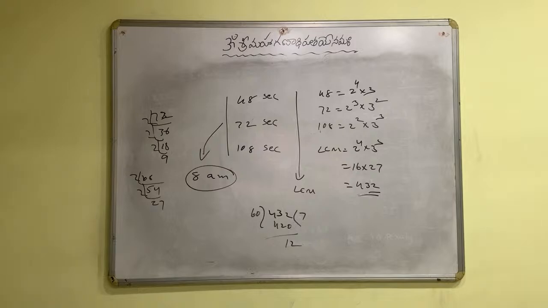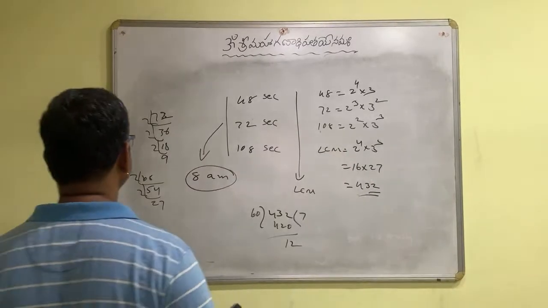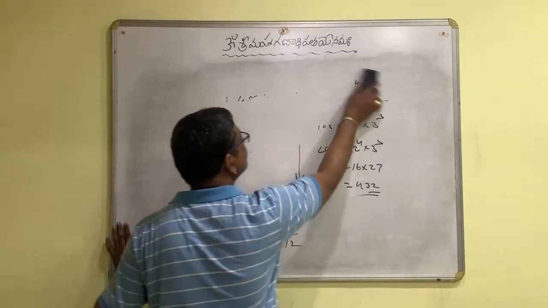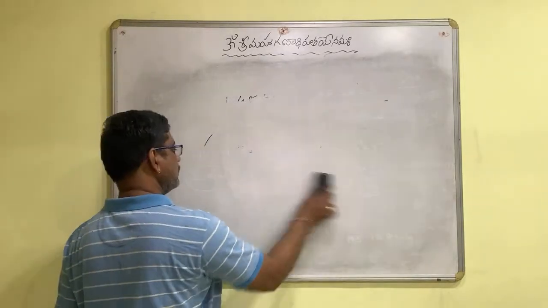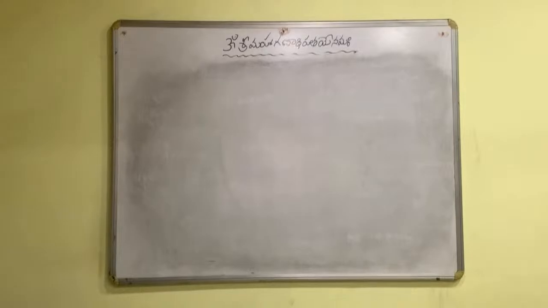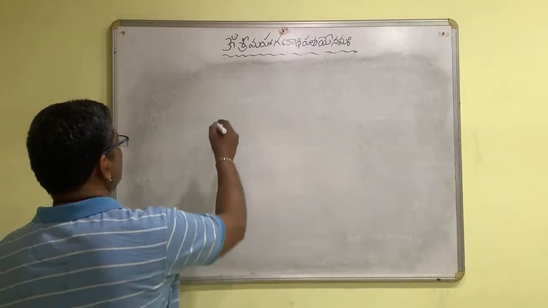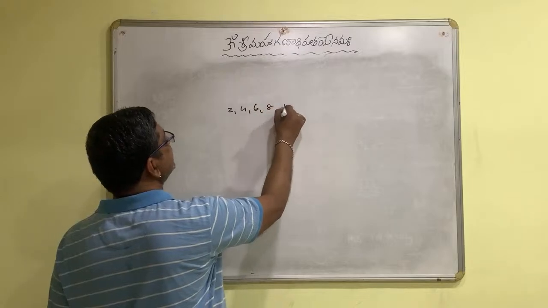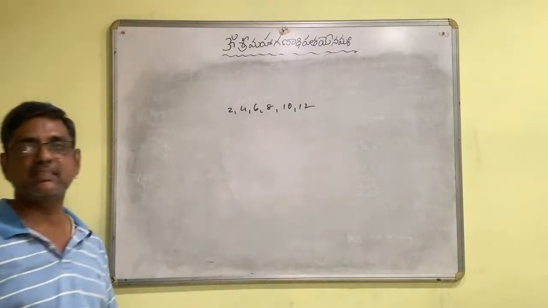In the same way, there is another problem. 6 bells commence tolling together, at toll intervals of 2, 4, 6, 8, 10, 12 minutes respectively. 6 bells are there.